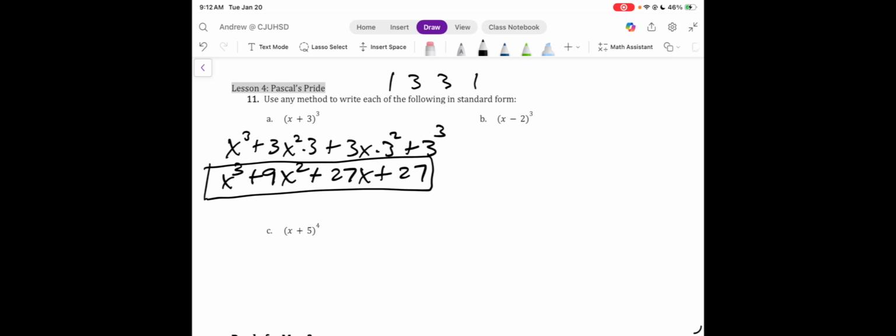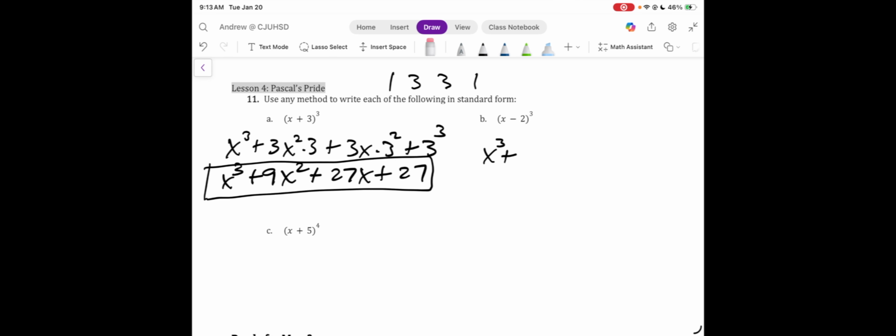Okay, part B. Now, what do we do if there's a negative in there? Still start with x cubed. And then we've got to have, I'm just going to write each term with a plus, and I'll throw the negative in with the 2. So plus x squared times negative 2 plus, oops, I forgot something, didn't I?